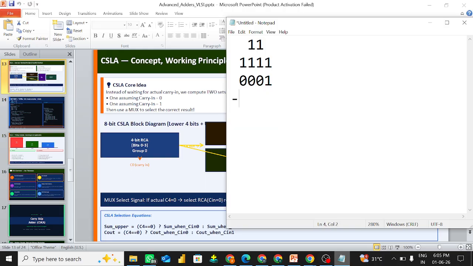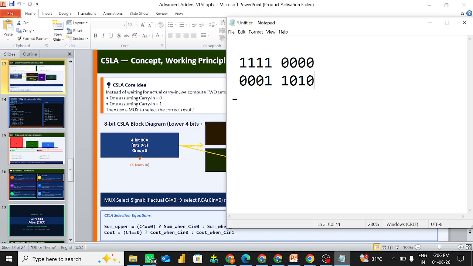This is what input A and input B look like, which are of 8 bits. You're going to split this: this all 4 is the upper bits, and this all 4 is the lower bits. This is how you're going to split.